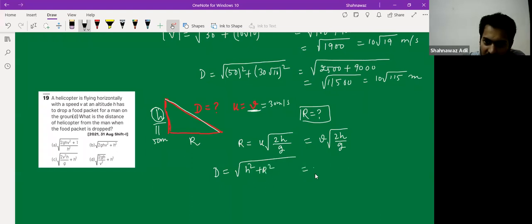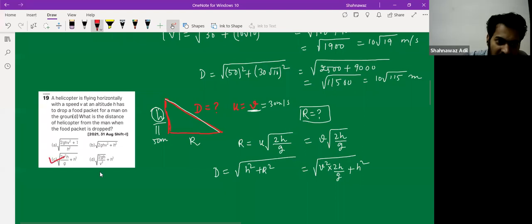So this will be what? This will be V square 2H by G plus H square, right? So V square 2H by G plus H square. So this is the correct answer, right? So you got the right answer. Okay.